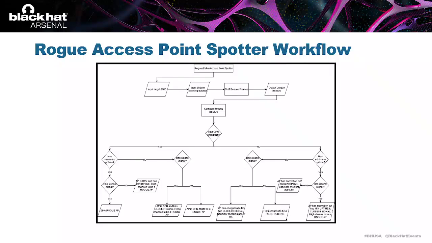spotter. When you select the fake access point spotter option, firstly the program asks you to input a target SSID, let's say X Wi-Fi. The program will also ask you to enter a time interval to sniff the beacon frames in the area.